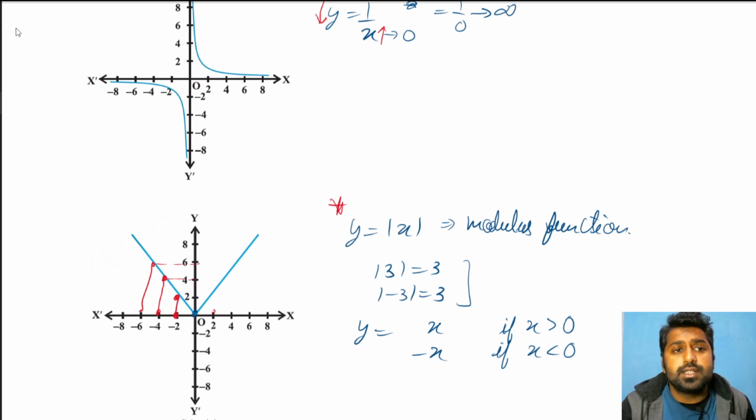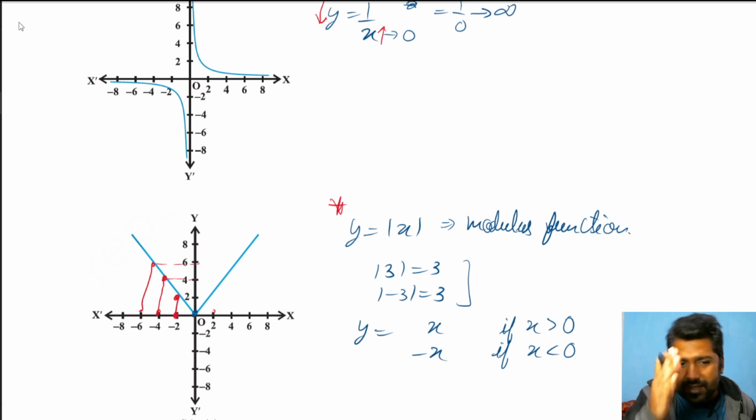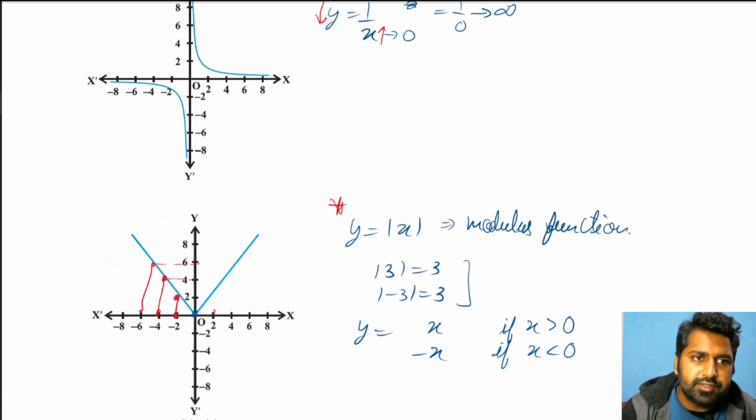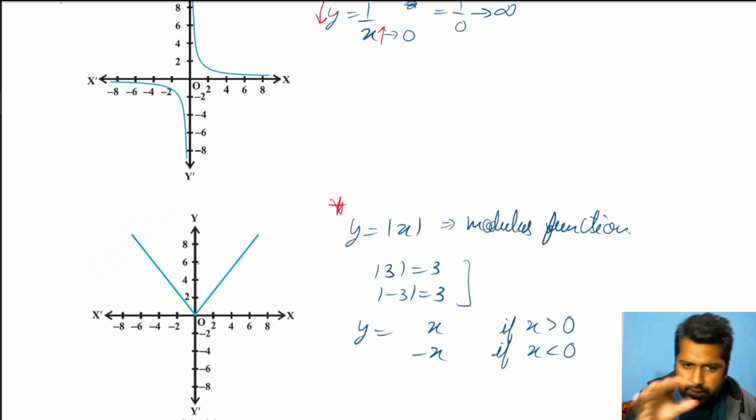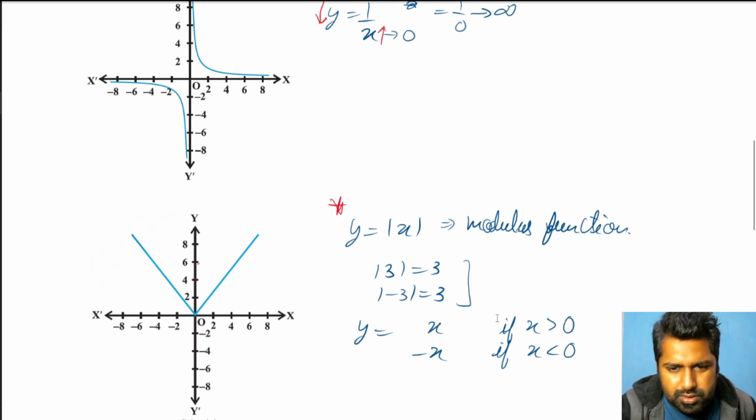So first of all, the function is symmetric about the y-axis. This y-axis is acting like a mirror. What is present on the right side, the same thing is present on the left side also. If you want to draw any graph, all you need is some basic values, 0, 1, 2, 3, minus 1, minus 2, minus 3, and roughly you can plot the graph. But this is the proper definition you should know about the mod.